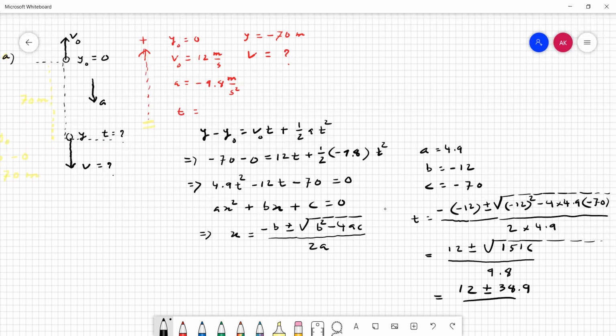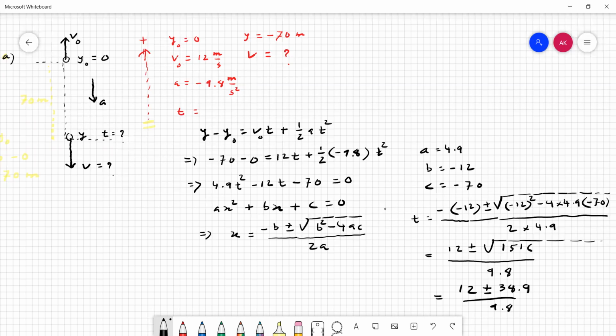Divided by 9.8. We have to take the plus, because otherwise you're going to end up getting a negative time. So plus 38.9 plus 12 will be 50.9 divided by 9.8. That's 5.19.